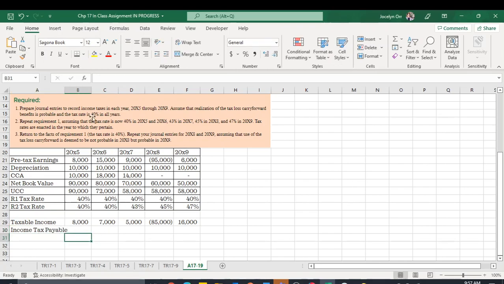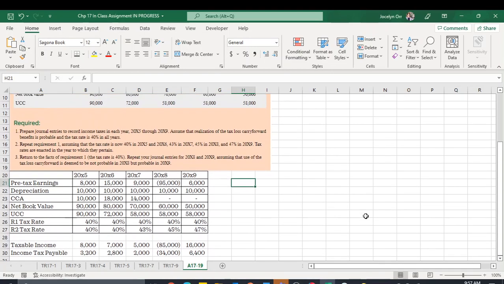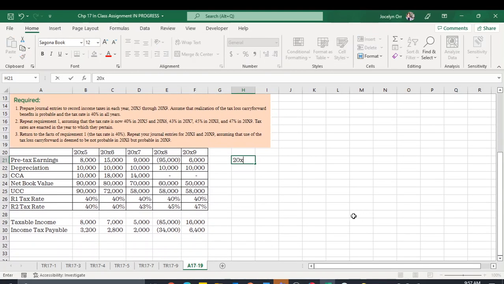So my income tax payable for those years as it relates to my earnings times my tax rate, I'll make Excel do the work for me. And I have all of that information ready to go for when I make my entries.